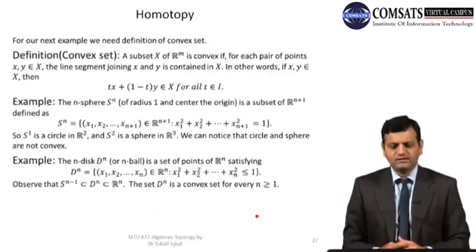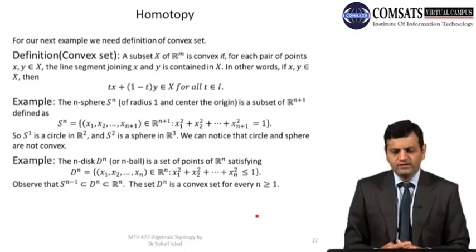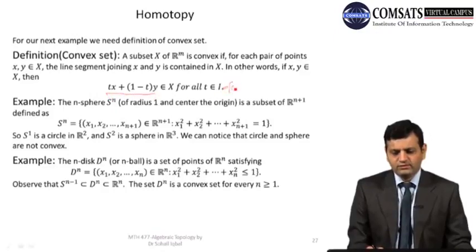So let's consider another example, but before doing that, we need the definition of a convex set. We have already done that in our previous lectures, but let's just remind ourselves. What is a convex set? A subset X of Rm is convex if for every pair of points x, y, the line segment joining x and y is contained in X. In other words, if x, y belong to X, then this is the line segment joining x and y, where I is the closed interval [0, 1].